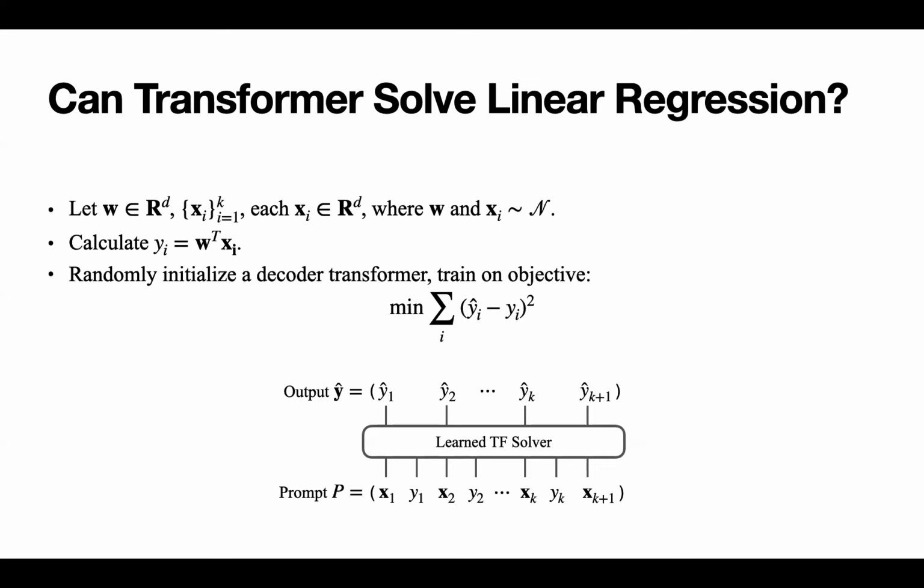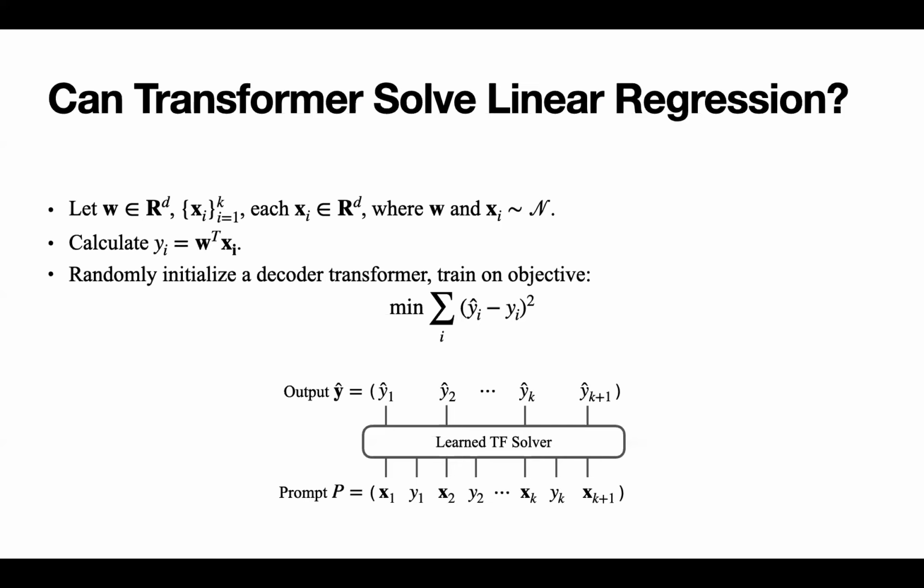Let's say for a linear function, we have this parameter W, which is a d-dimensional vector. And we have each xi, which is the data for the linear function, that also comes from R^d. During training, we sample the W and xi from a standard Gaussian distribution. And then we calculate yi, which is the output, the label for the linear function.